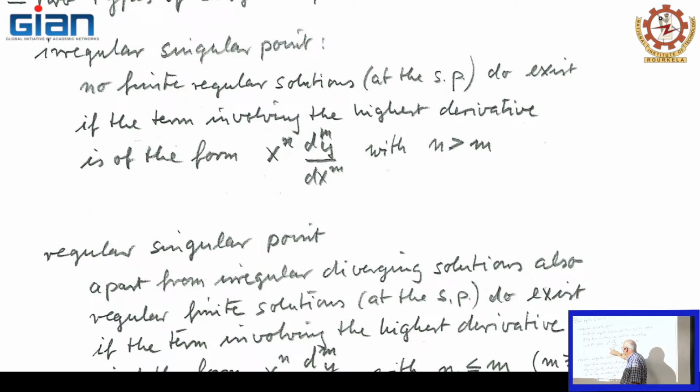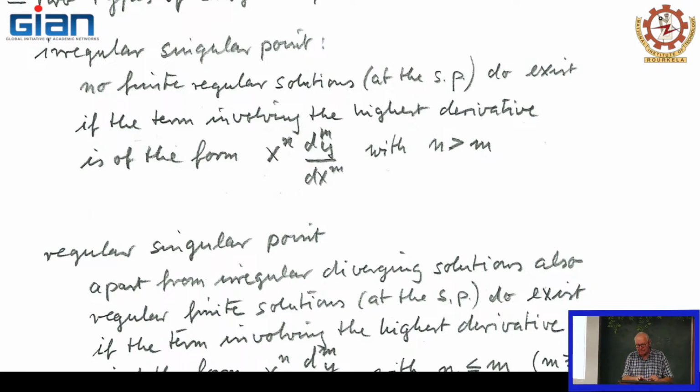So we have x^n times d^m y by dx^m, and if n is bigger than m, then we have an irregular singular point. If n is smaller or sometimes equal to m, then we have a regular singular point, and we may expect that some of the solutions will be regular. Okay, that's what I said just before.